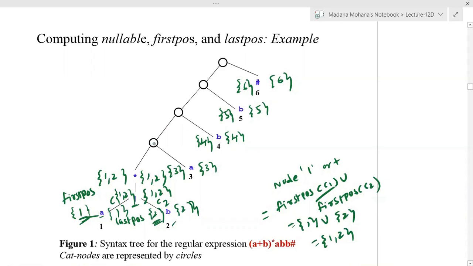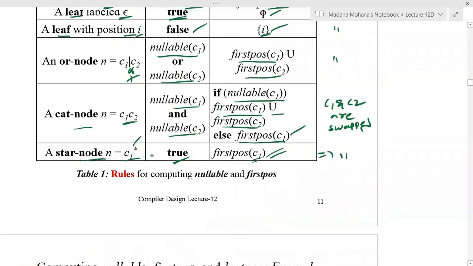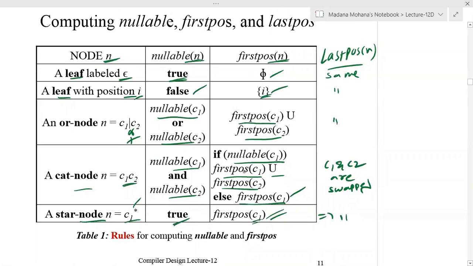Then coming to the next one, the cat node. For the cat node, you can observe by using the rule. For the cat node, we have two cases. If C1 is nullable, then take the union of the first position of child 1 and the first position of child 2.